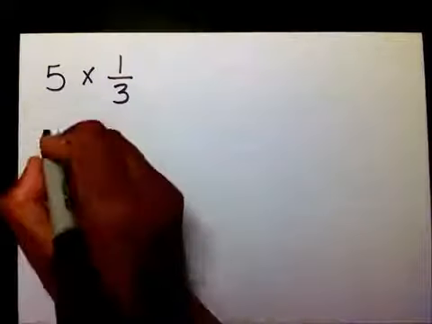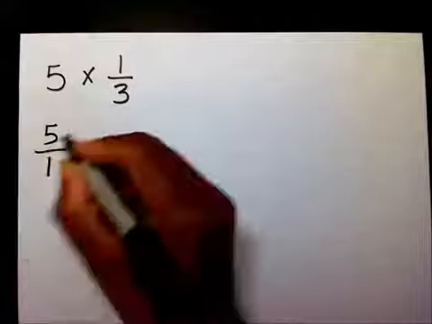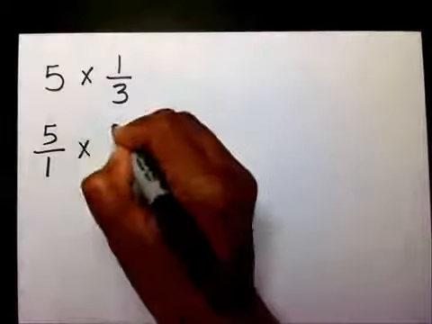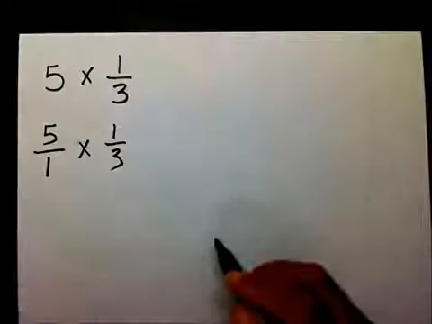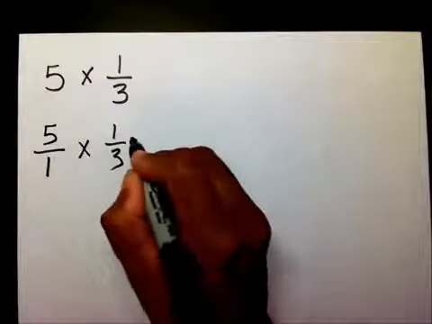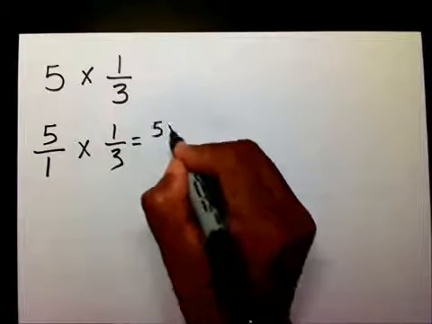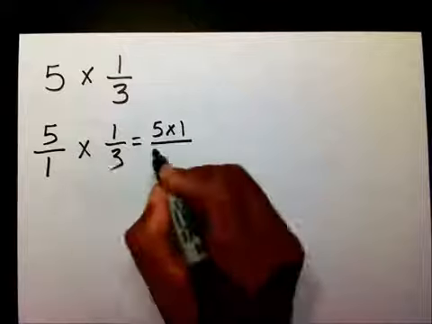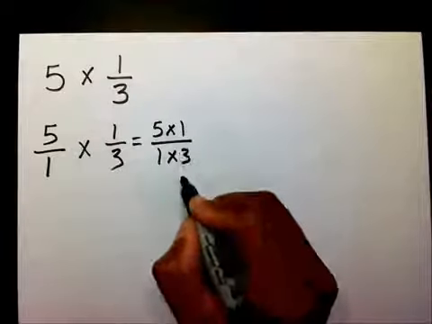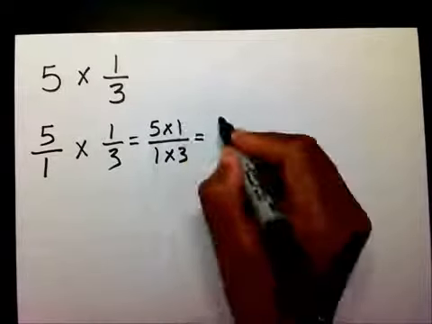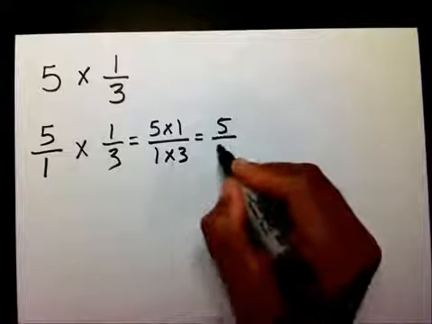So I'm going to write 5 over 1 times 1/3. Now I'm going to multiply across. 5 times 1 and 1 times 3. 5 times 1 is 5. 1 times 3 is 3.